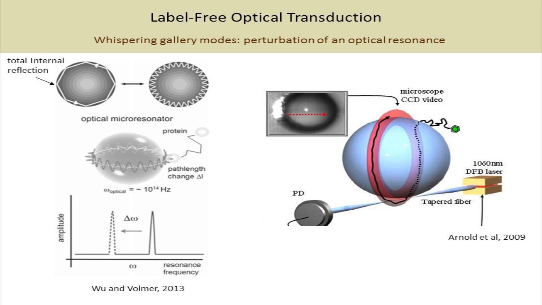It's going to slow it down a little bit. And I can track that with an electronic circuit. And so my signal will look something like this. So no binding, I have some resonance frequency that's characteristic of just the crystal itself, and then the molecules start to stick to it, and that's going to decrease. So this is a mass-based, label-free transduction technique.